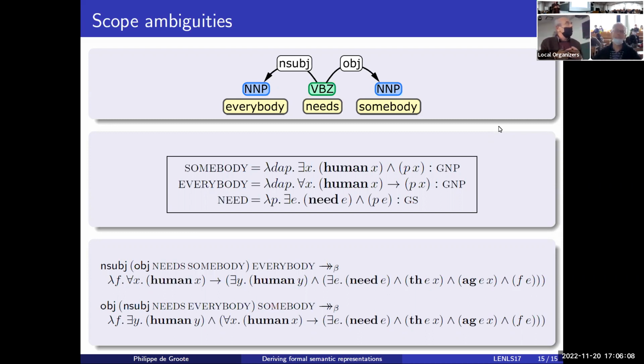There is something a little bit similar made by Mark Steedman and co-authors, where in fact he also uses the dependencies as functions with two arguments, but then all the arguments are of type set of pairs of events and entities.